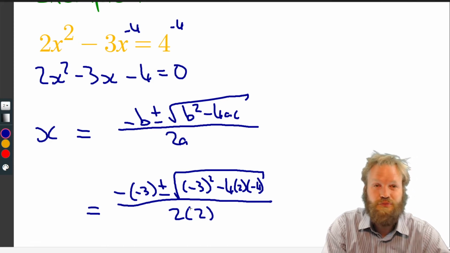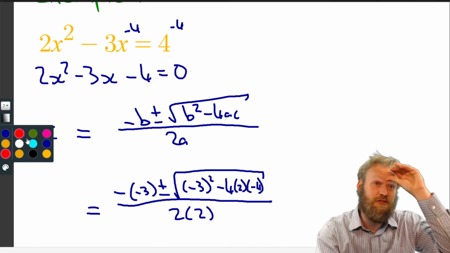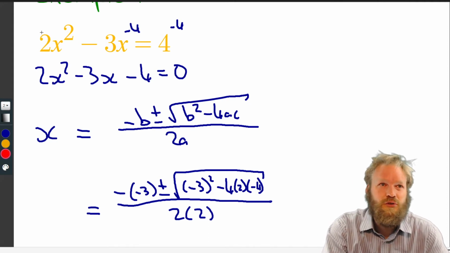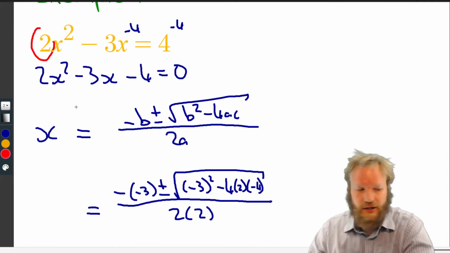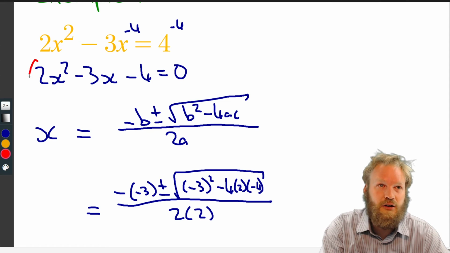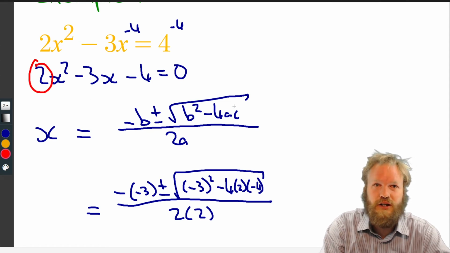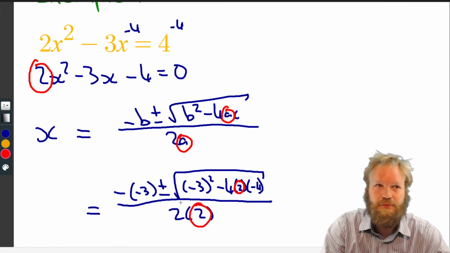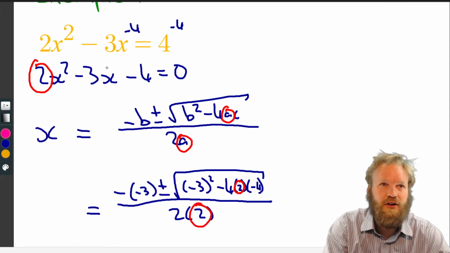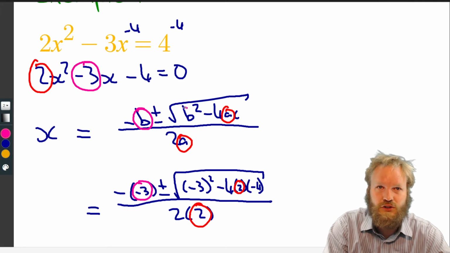Okay, so what we did with our formula was, from here, we saw the value of a. So whenever we saw an a in our formula, we substituted in a. Wherever we see a b, b is negative 3, we put negative 3.